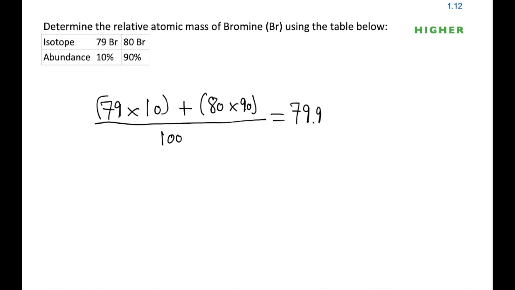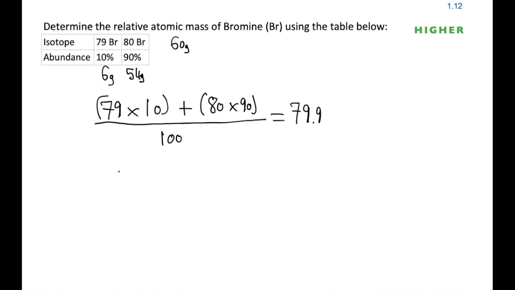Now I said in the last video that you can carry out this calculation having been given something like grams instead of percentages. So if we change these abundances to grams, let's say we have 60 grams of bromine. 54 grams, which is 90% of it, has a mass number of 80, and the rest, which is 6 grams, has a mass number of 79. So we're keeping the percentages the same here.